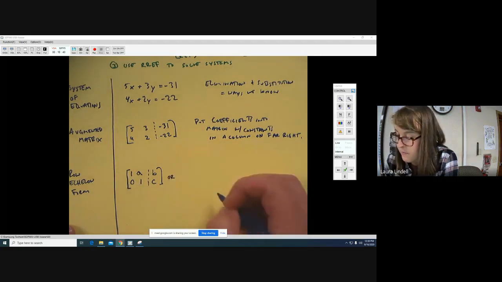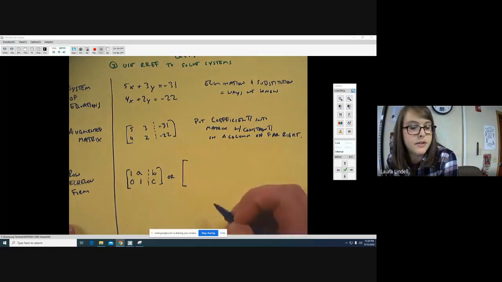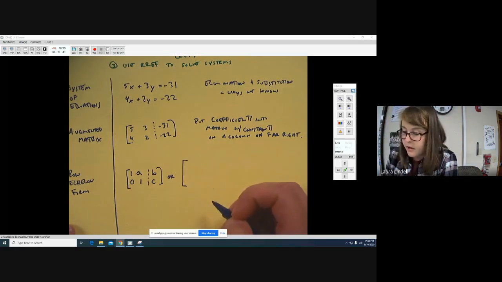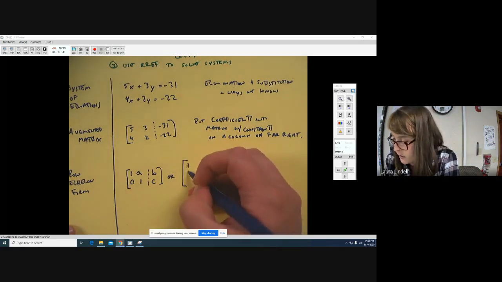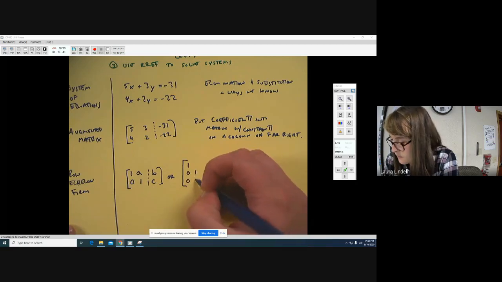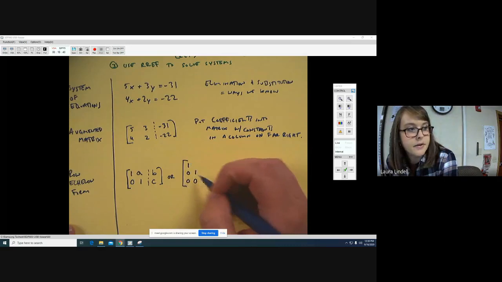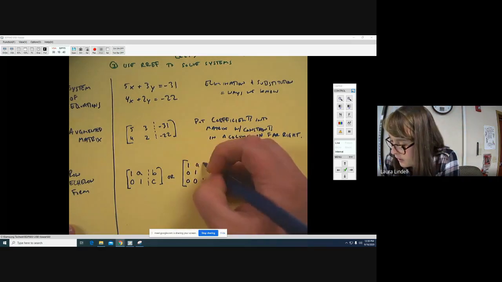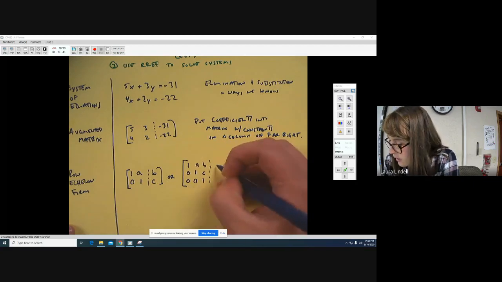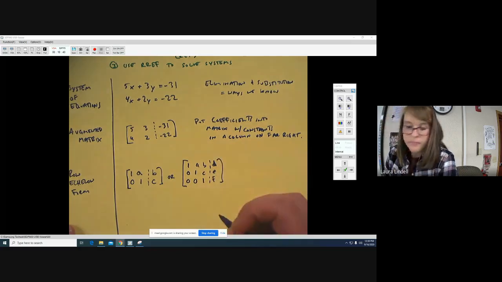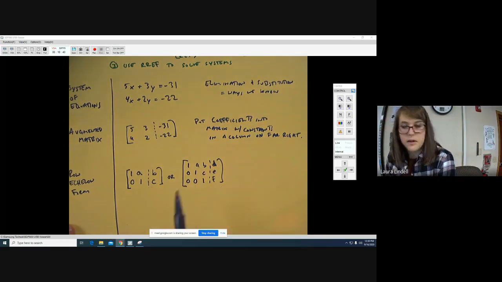Or if you had a 3x3, if you have 3 equations and 3 variables, your row echelon form will look like this, where you've got the ones along the main diagonal, you have zeros in the corner, and then you have whatever other numbers, D, E, F, elsewhere. So this is what row echelon form looks like.